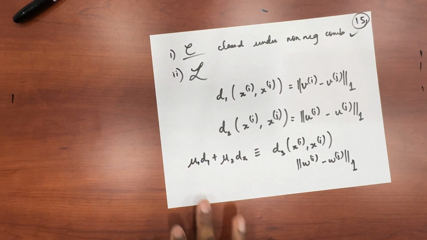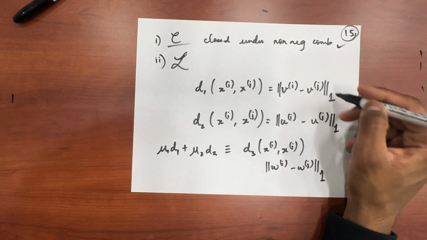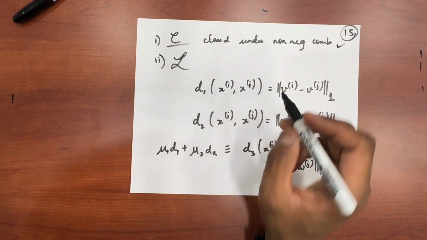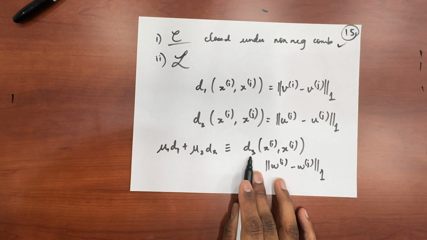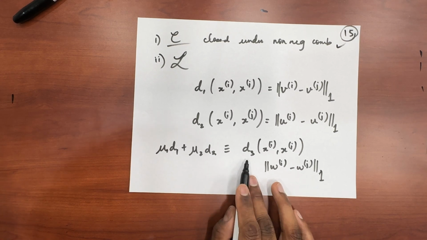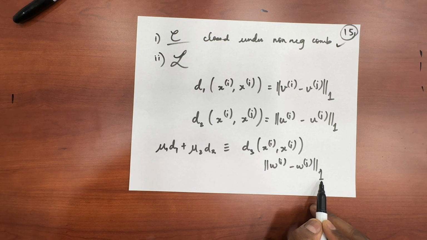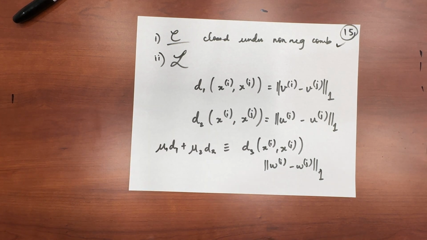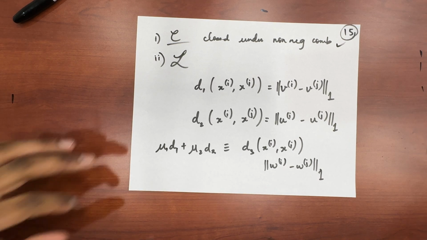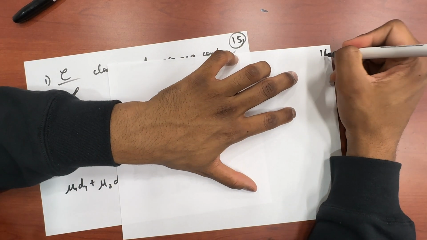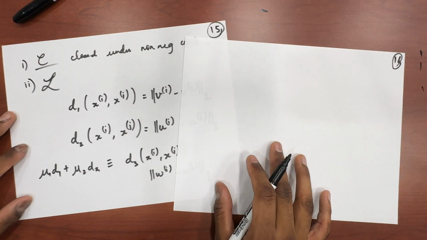This is what we have to prove, that a linear combination of these two metrics translates to another metric which is also an L1 metric. That is, it maps to a W which is also measured in L1 norm, right? So how would one do that? Let's think about it. It's not trivial. But once you see it, it's beautiful.